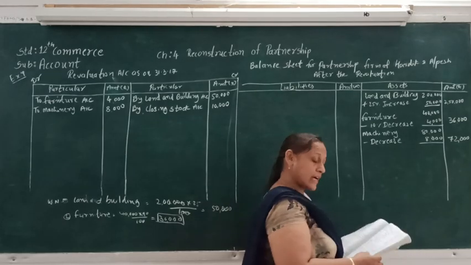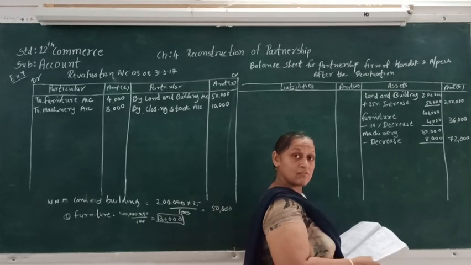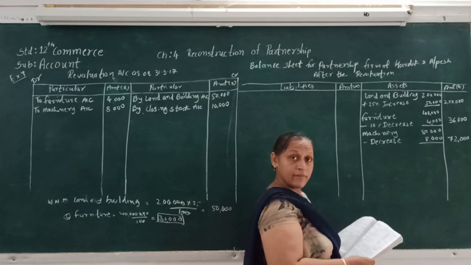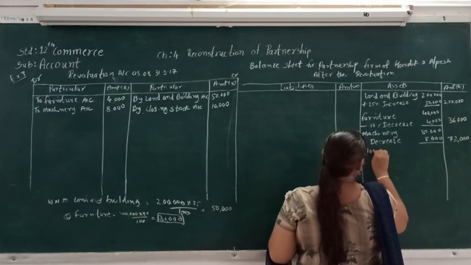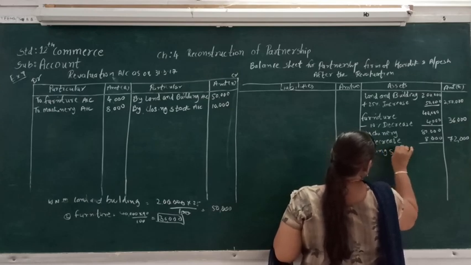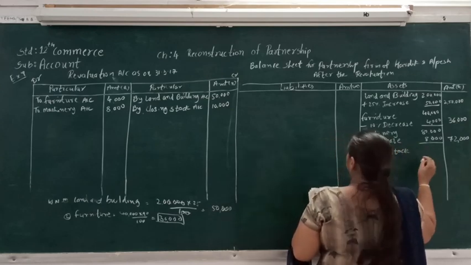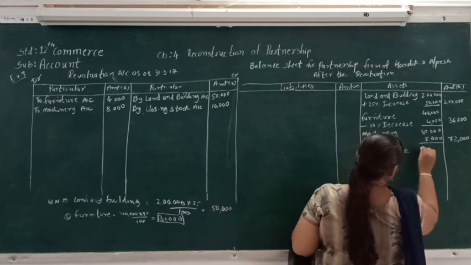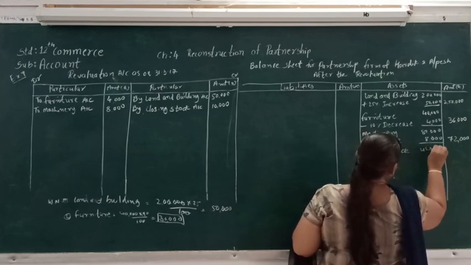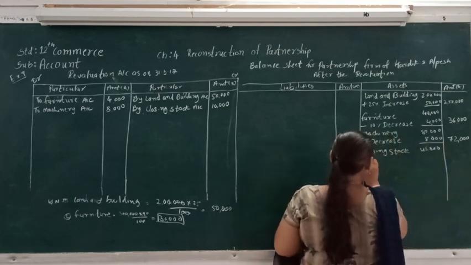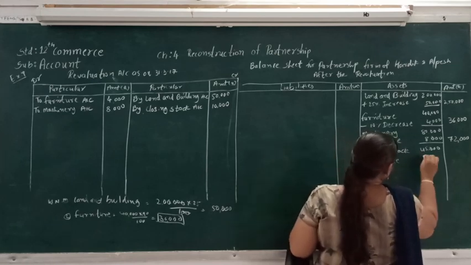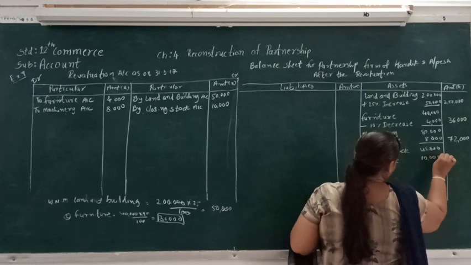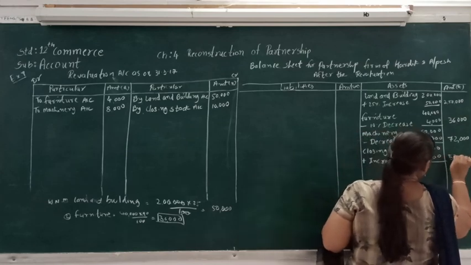So here we are going to add this 10,000, so the market value is 55,000. Closing stock is 45,000 plus increase of 10,000. So that will be 55,000.